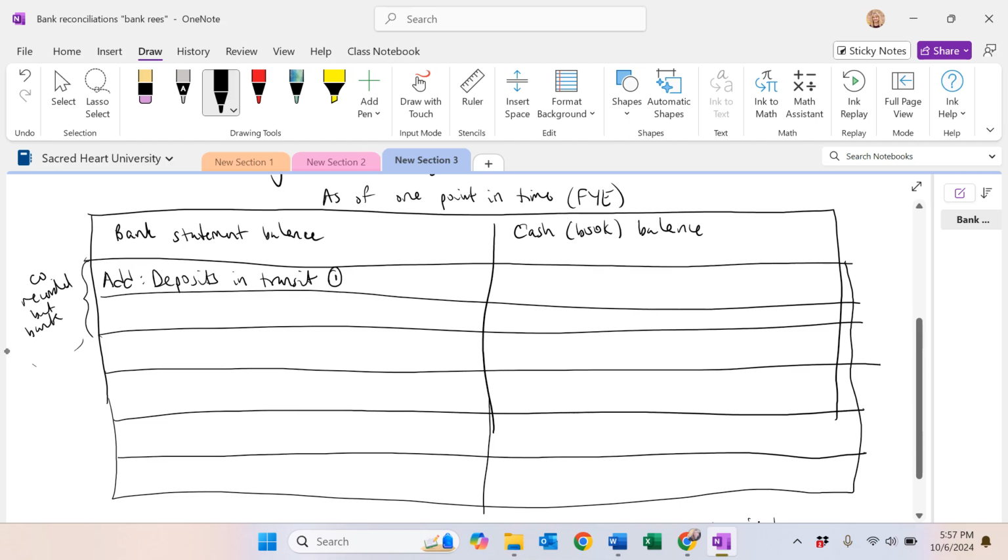Not yet, just a timing difference. We are going to add these deposits back. Give it a couple days and it will be in there. We know that it's owned by the company, so it should be added there. Okay, and then on the other hand, we need to subtract out outstanding checks.